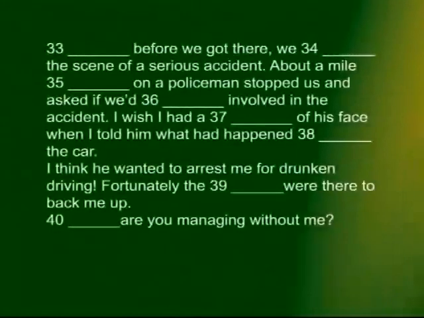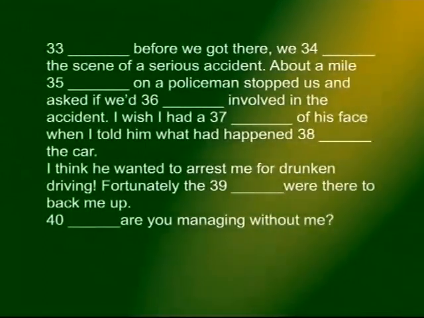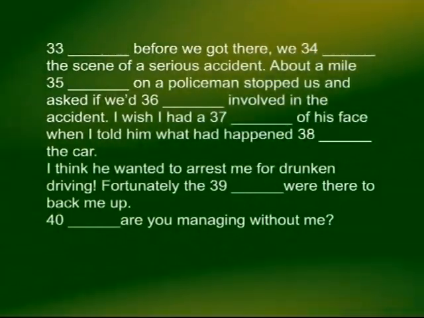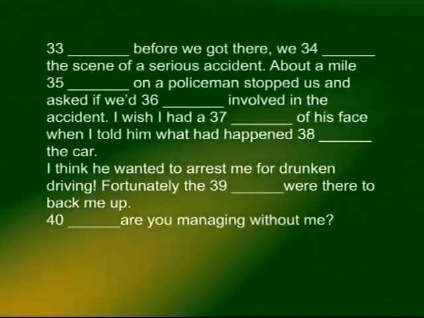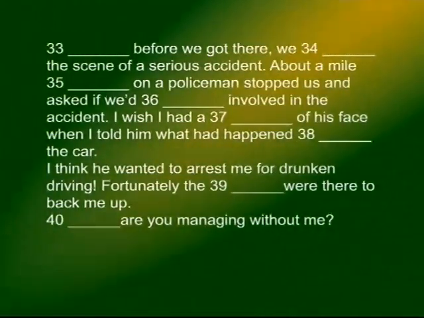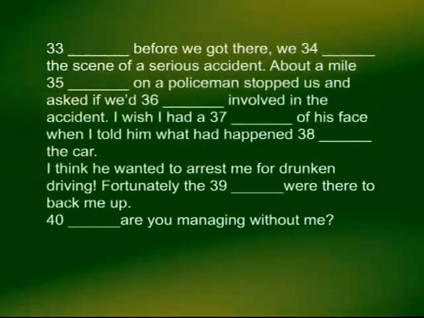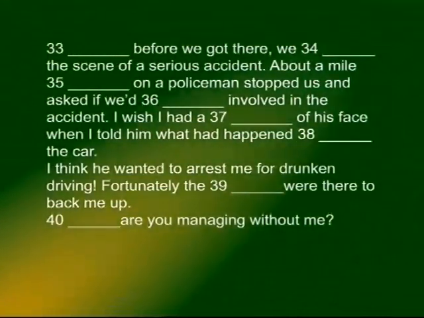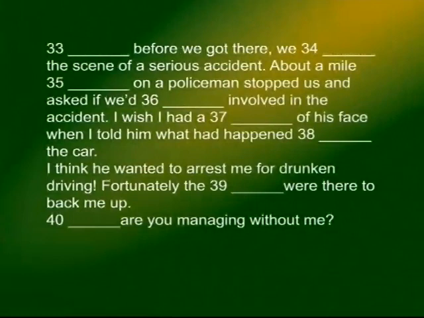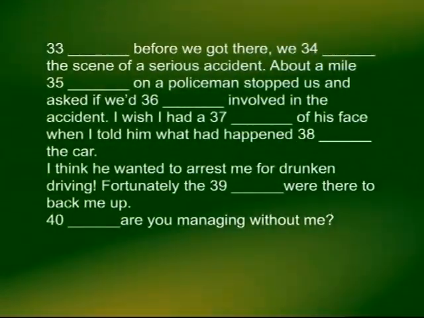Now, number 33 also is at the beginning of the sentence. So, before we got there, or just before we got there, that is home, or you can have the word "but". Either "just" or "but", both would be correct. Before we got there, meaning home, the scene of a serious accident. So it has to be past.